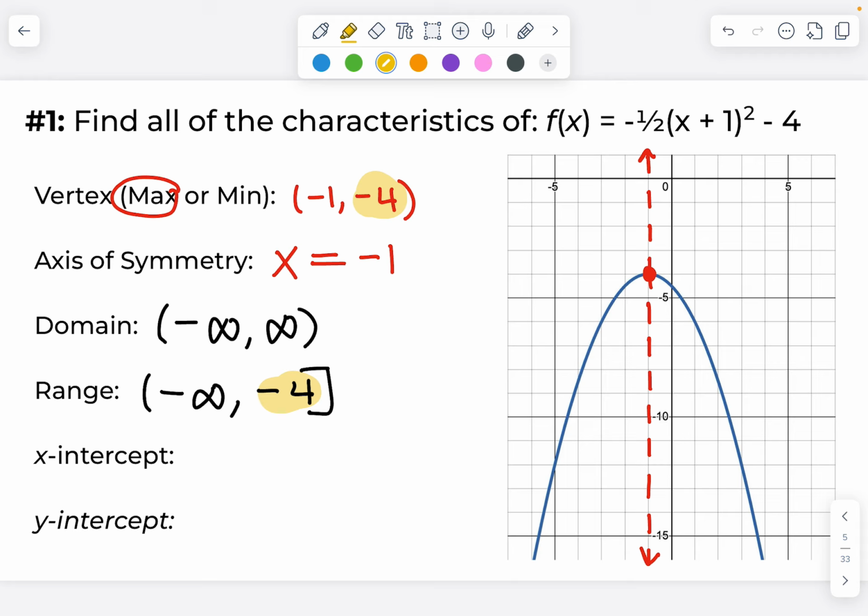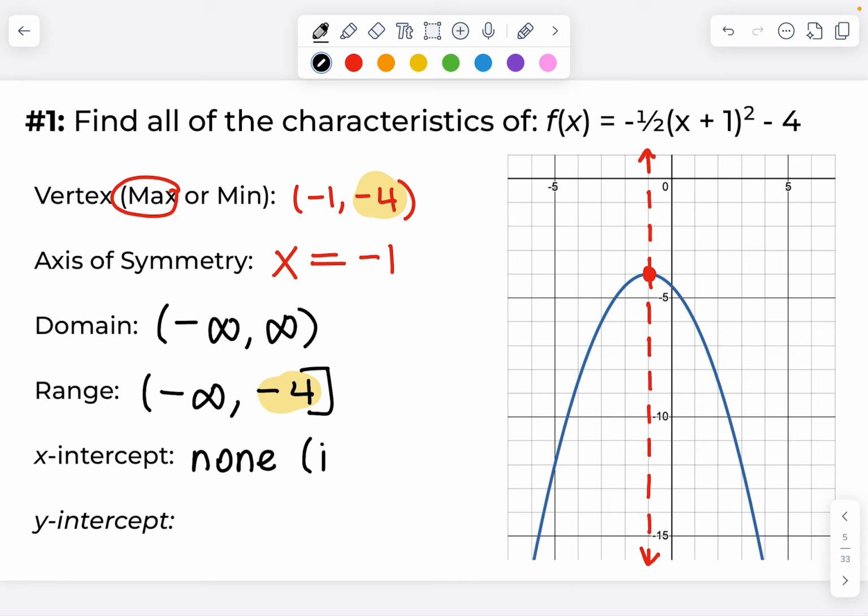All right, let's look at our x-intercepts next. So if we look at this graph, there is something special that happens here. We don't have any point where we cross the x-axis. So for this one, we have none. You can write none, or you could write no x-intercepts.